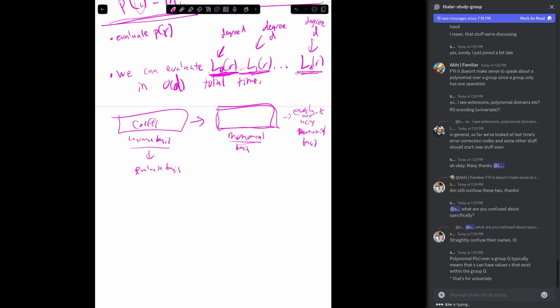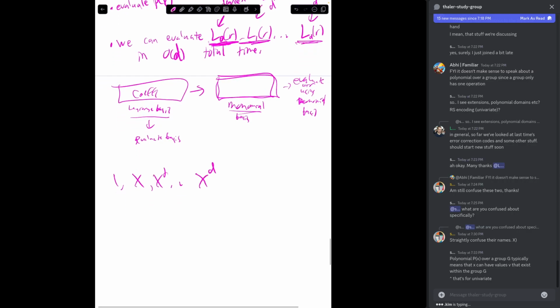You have to be a little clever, but it is just an analog of the standard monomial basis, which is 1, x, x squared, up to x to the D. What we said was that once I have R, the evaluation of this basis polynomial at R, with one multiplication I can get R squared. Then with one more multiplication I can get the next one, and with one more multiplication the next one.